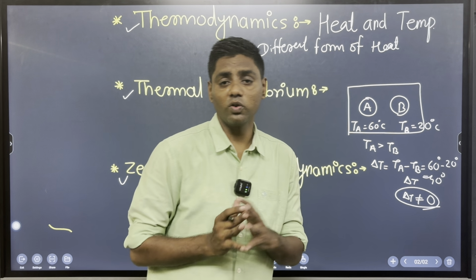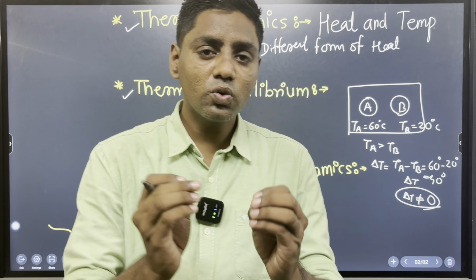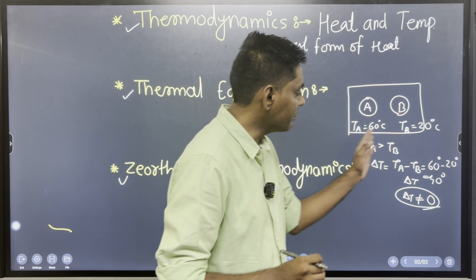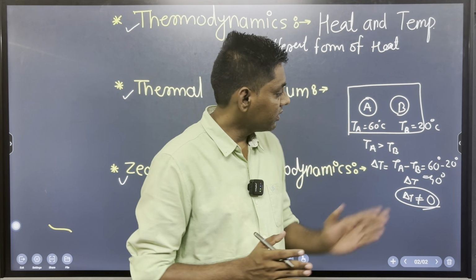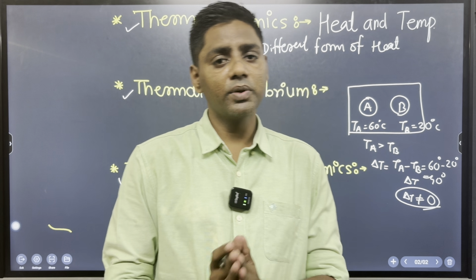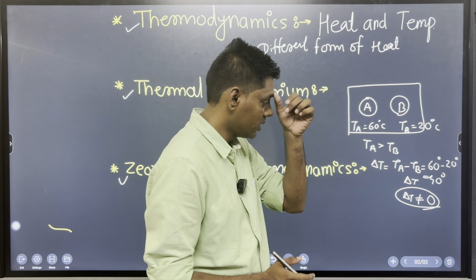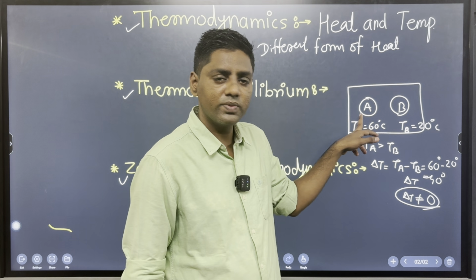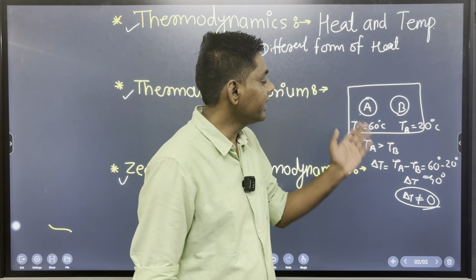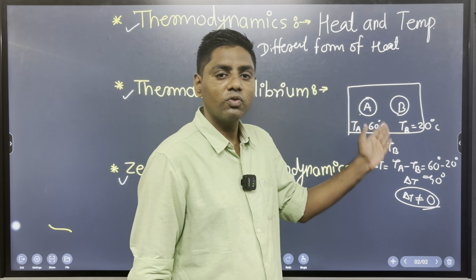This is the most important observation. When two objects or two systems have different temperatures, heat transfer takes place from the high temperature reservoir to the low temperature reservoir. In this example, the temperature of object A is higher than that of object B, so definitely heat transfers from A to B.